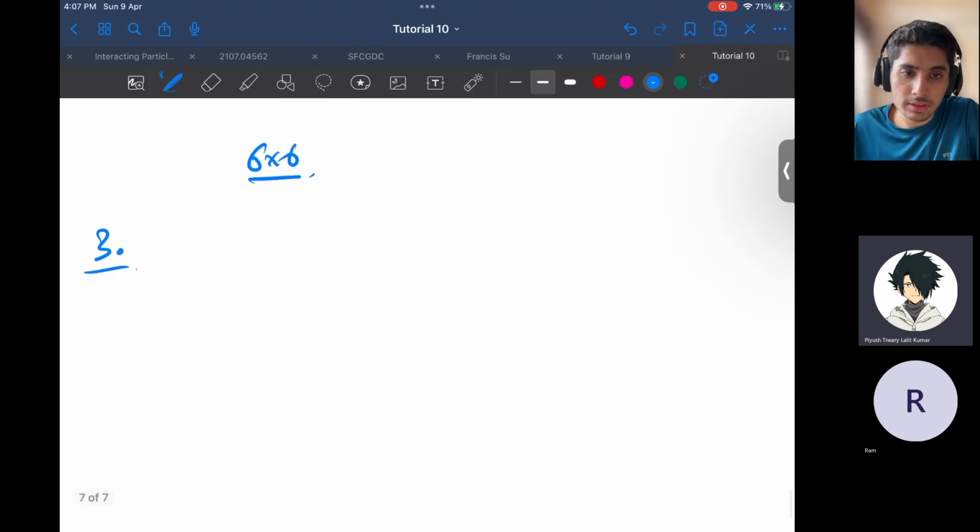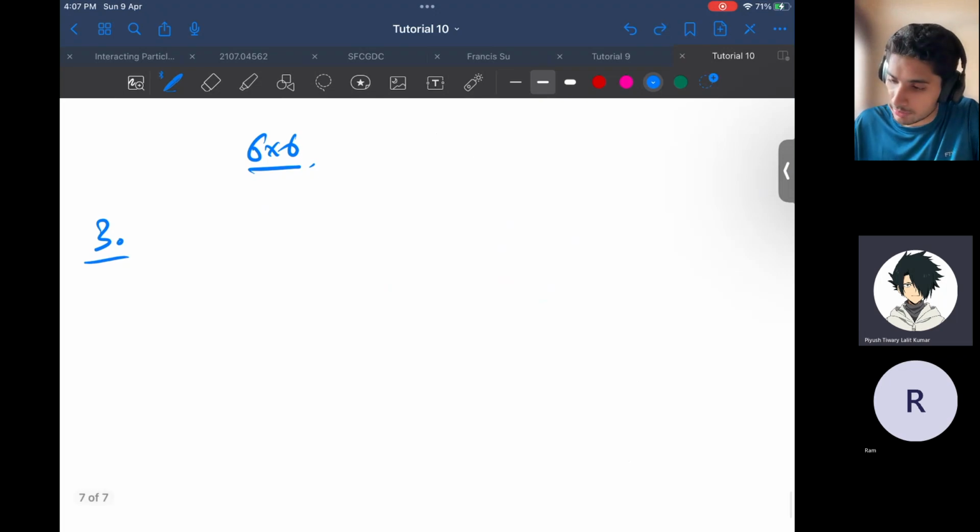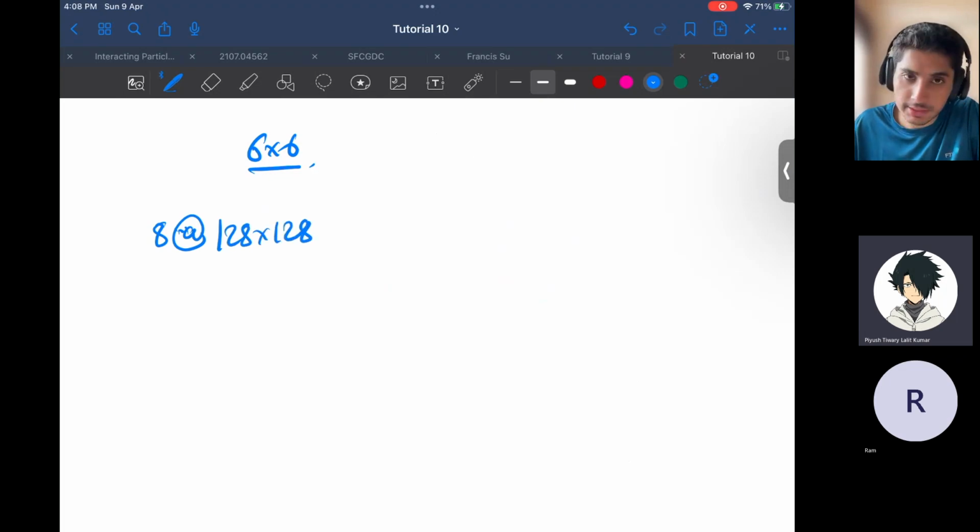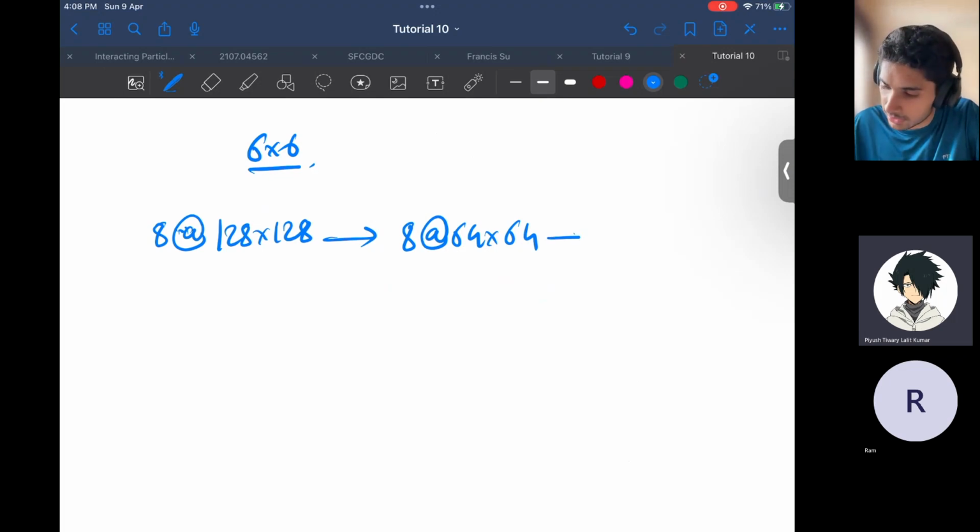So there's a third question. There is an image that is given to us. I won't draw the image, but I will write the dimensions. There is 8 at the rate 128 cross 128. The next is 8 at the rate 64 cross 64, so there is some operation that has been applied.